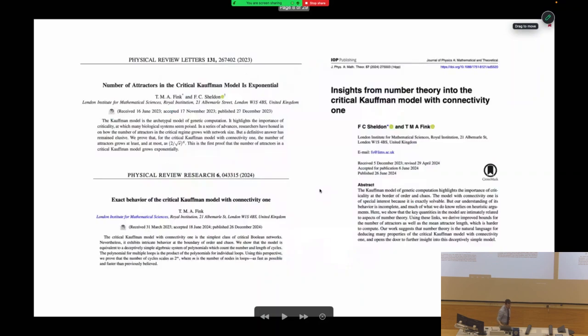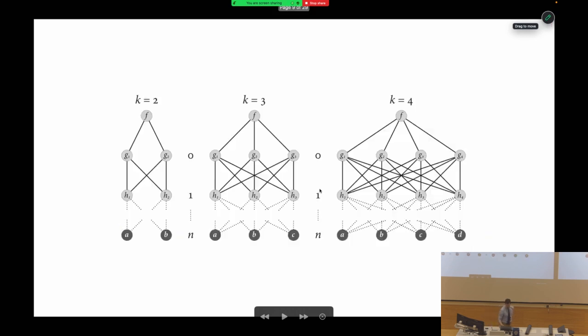And he put forward something called the Kauffman model, which became a sort of cult object in statistical physics. Over the last few years, I did some work on this. But now I want to look at a much simpler problem than the Kauffman model, and that is these deep layered machines.